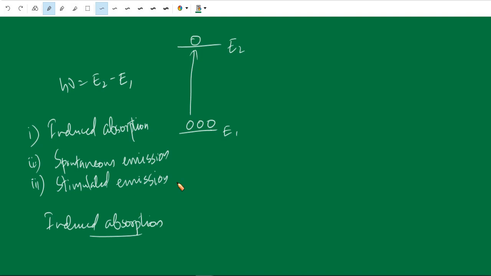So a photon interacts with the atom and takes it to the excited state, that is induced absorption, and this atom is again de-excited by emitting a photon of energy h nu. This emission is called spontaneous emission.